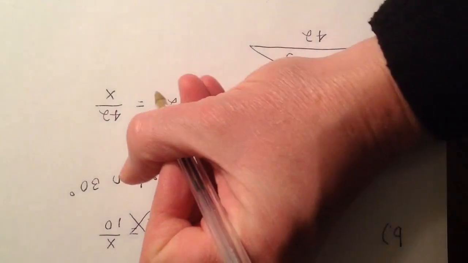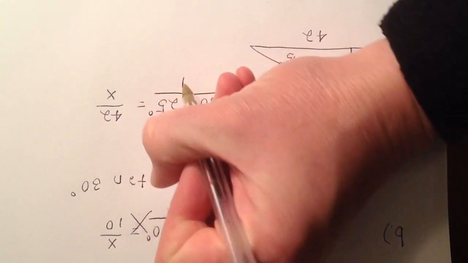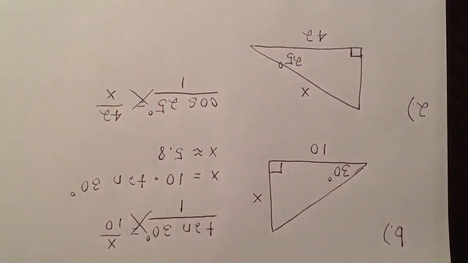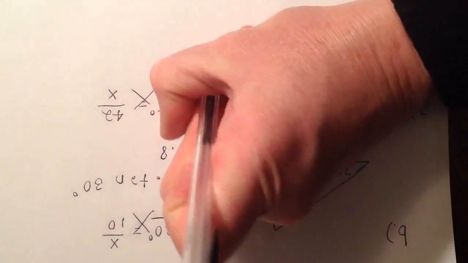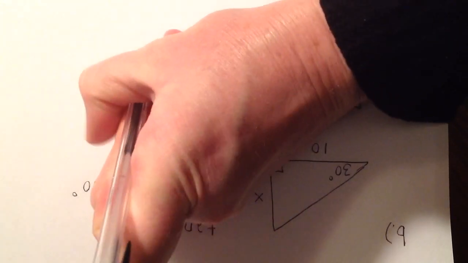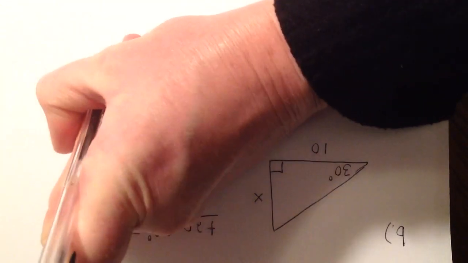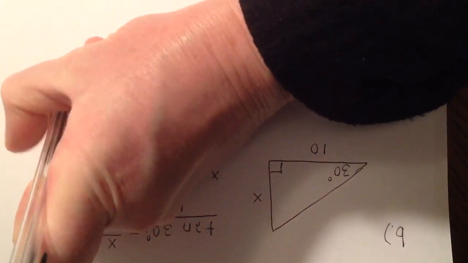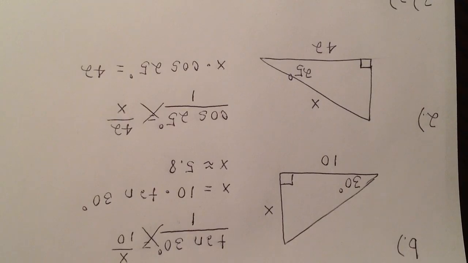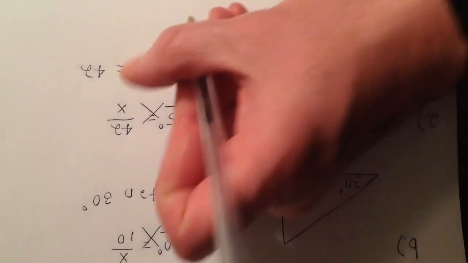Of course, treating it as a proportion, putting the cosine of 25 degrees over 1, when we solve that proportion, this time we get x times the cosine of 25 degrees equals 42. This equation will require us to divide to find the missing side x.